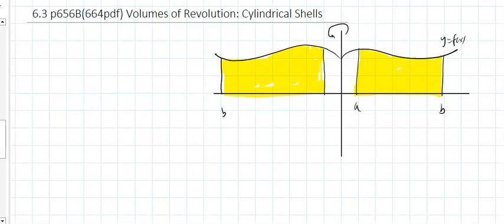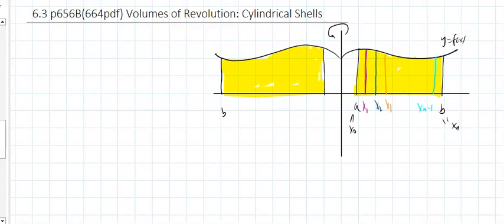Now, if I pick my rectangles parallel to the axis of rotation, if I call this x sub 0, call this x sub n, and pick my rectangles parallel to the axis of rotation, x sub 1, x sub 2, x sub 3, and the list goes on, x sub n minus 1.